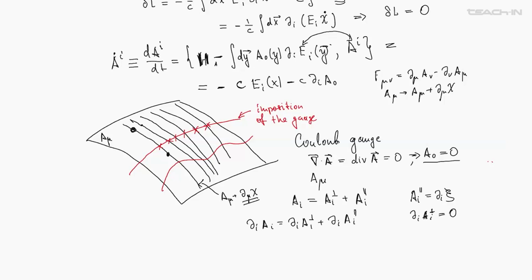And so the transverse part, by construction, vanishes, and the whole divergence then becomes equal to the divergence of the longitudinal part. So in other words, you will get here ∂i ∂i, which is the three-dimensional Laplacian, acting on a function psi.